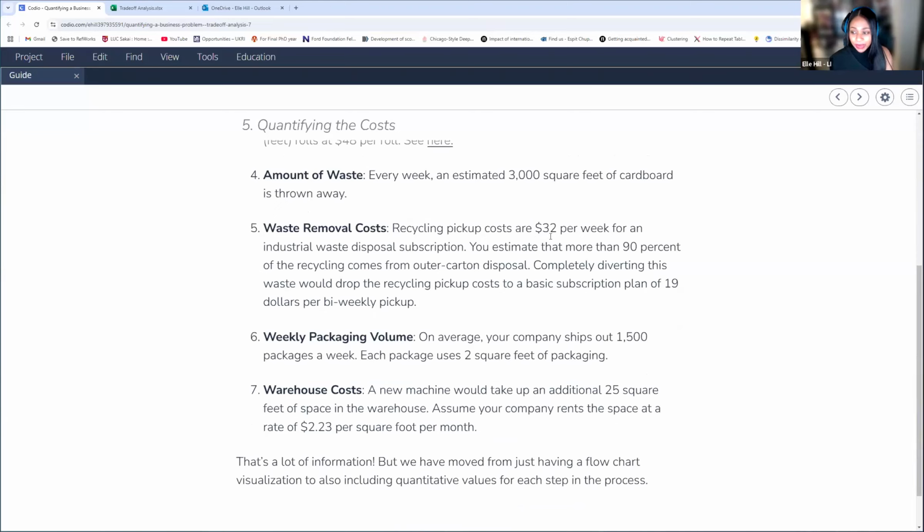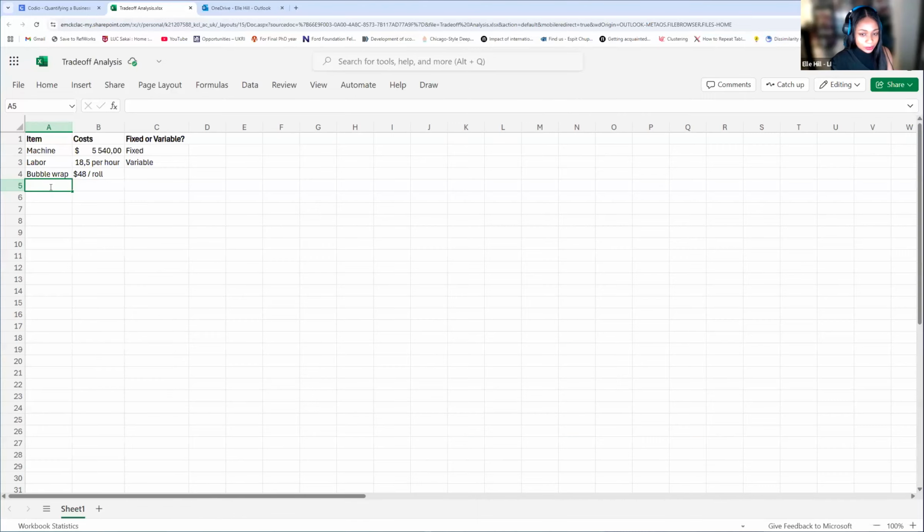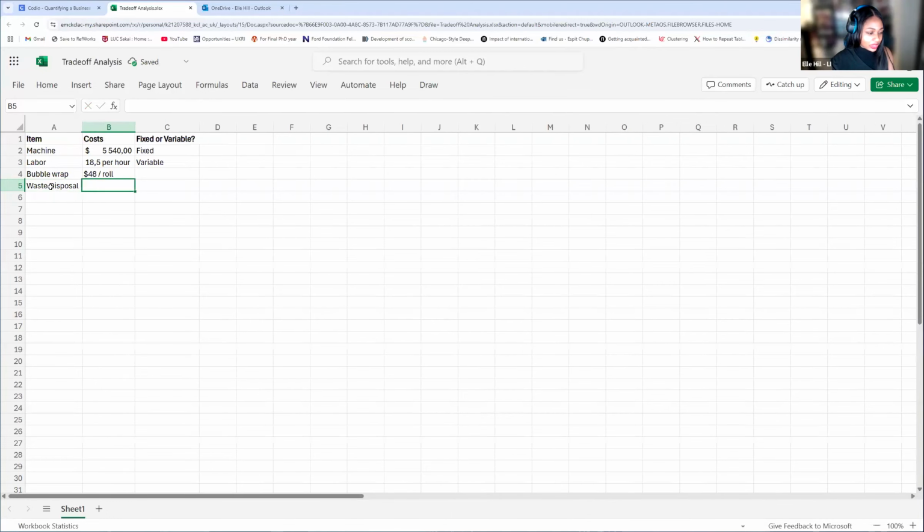So this is what we're currently paying. So our $32 a week, each week. So I'll keep that in mind just to make a note of what we're currently paying. So waste disposal. This is going to be $32 a week. And this week is going to be important later because we have to do a little bit more math.